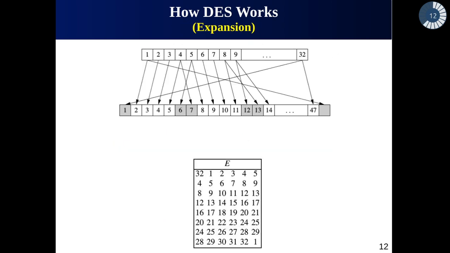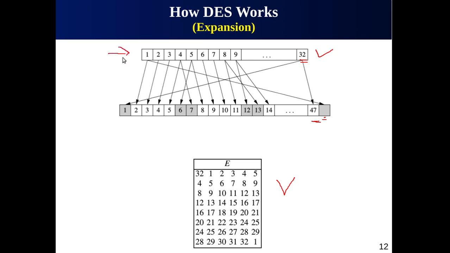Here we go. Expansion table. What you see here, as an input, it will accept 32 bits and it will convert them into 48 bits. 32-bit is expanded into 48-bit. And how is it achieved? This makes use of this table, which is known as the E table or expansion table. You see that the ports here are numbered from 1.